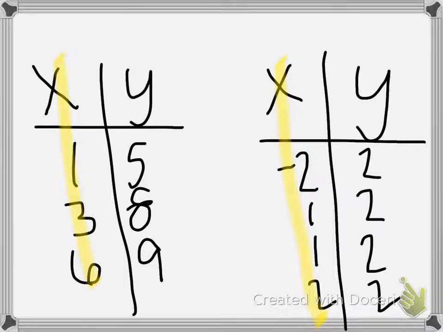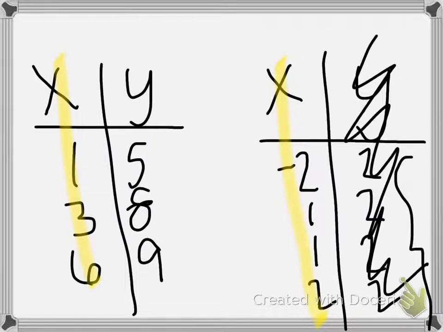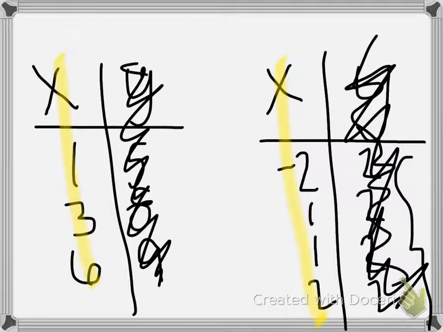So like right here, if you ever saw this as a question, here they're trying to trick you. They're giving you a bunch of repeating y's, making you think, oh, I see a repeating number, it must not be a function. When in reality, your y's don't really matter. So you can even just cross out your y's so you're not distracted by them, okay? So now that we've highlighted our x's, crossed out our y's, let's look at our values.